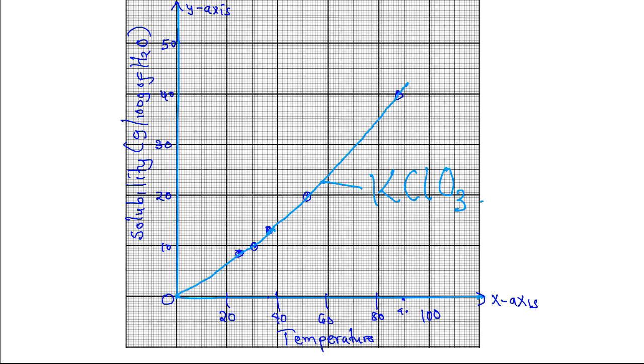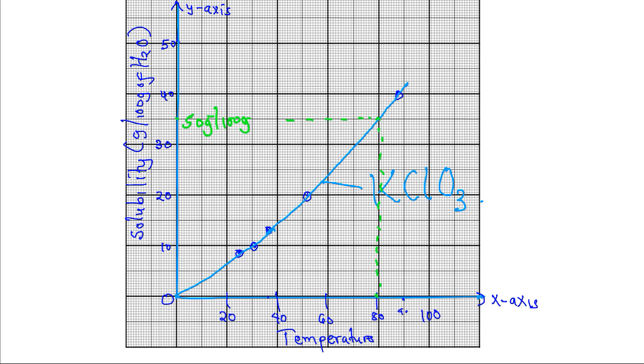Smooth curve of the solubility of potassium chlorate against temperature. You can see from the graph that an increase in temperature results in an increase in solubility. Like when the temperature is 80, solubility is higher, and that solubility is 50 grams per 100 grams of water.